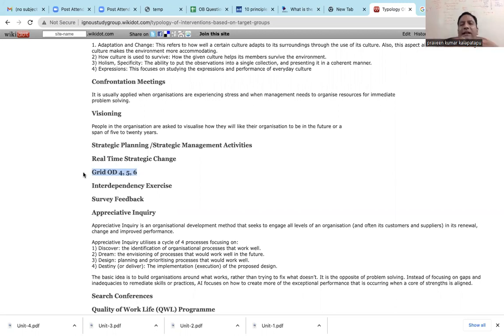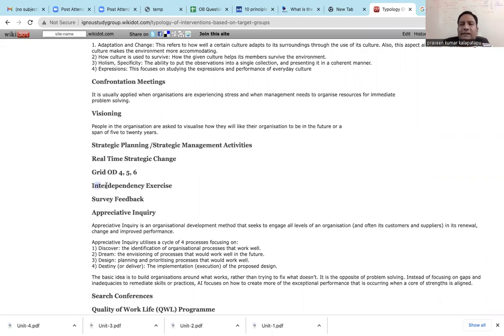These are the interventions defined based on this particular grid-based approach. So 4 is planning, 5 is implementing the strategic model, and 6 is getting the feedback and analyzing the outcomes of it.